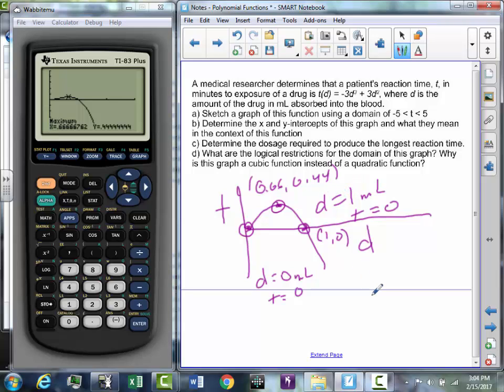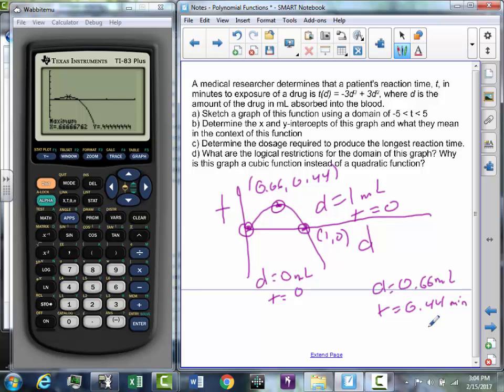Well, 0.66 would be you have a dose of 0.66 milliliters. If your dose is 0.66 milliliters, it's going to take your body 0.44 minutes for you to actually react to that drug. I think what it's saying here is that if you give someone the right dosage, it happens right away.